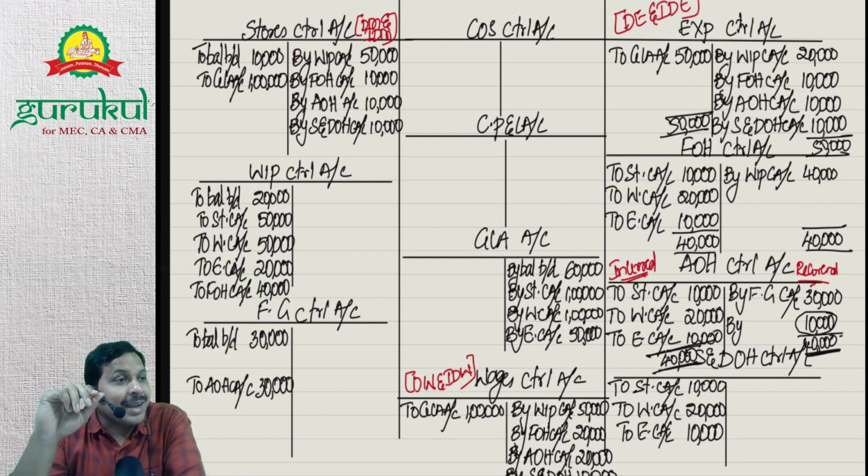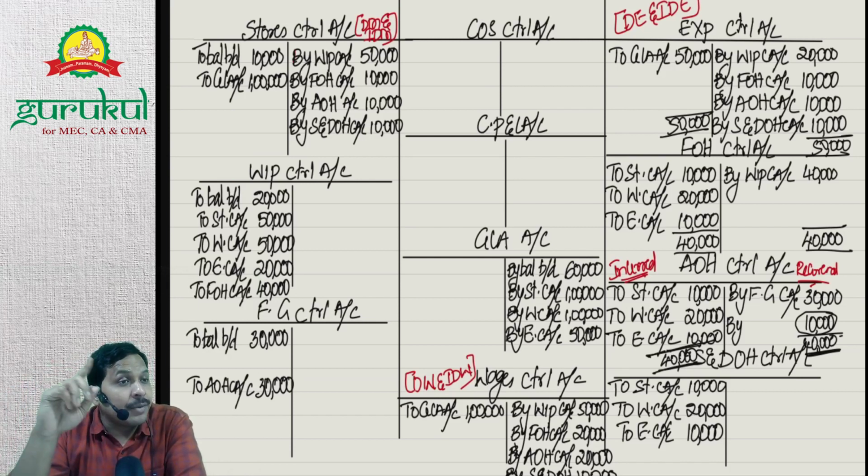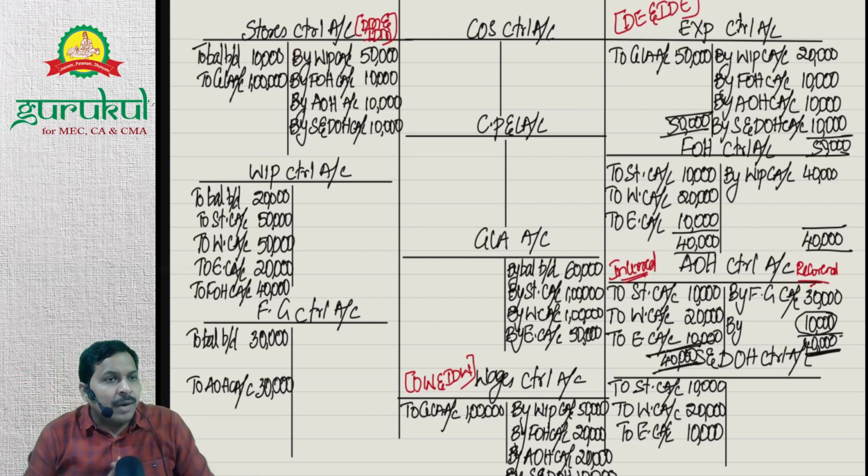If you follow the carry forward method, what happens? We write by balance carry down. If we charge it to costing P&L account, we write by costing P&L account. For carry forward, there is no entry, we just have a balancing figure.